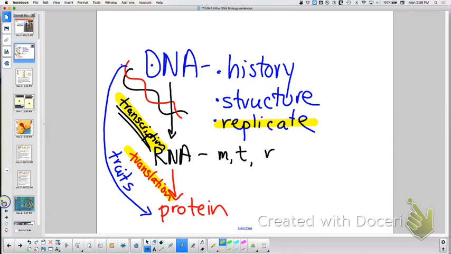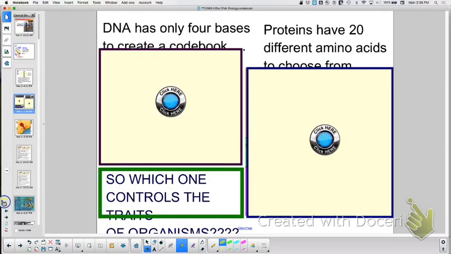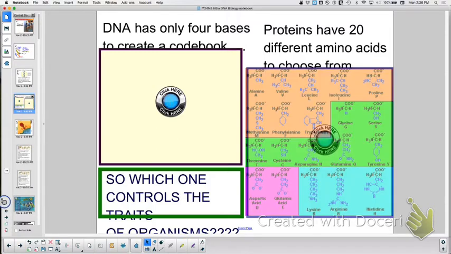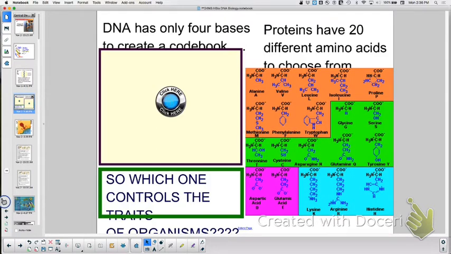All right, so let's start with the first part, the history of DNA. Remember, they knew that cells contained both protein and DNA, and it seemed like it would make more sense if protein was the genetic material, because protein has how many different components? 20, because there are 20 amino acids, right?